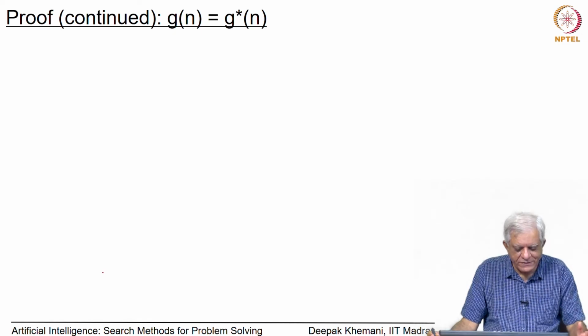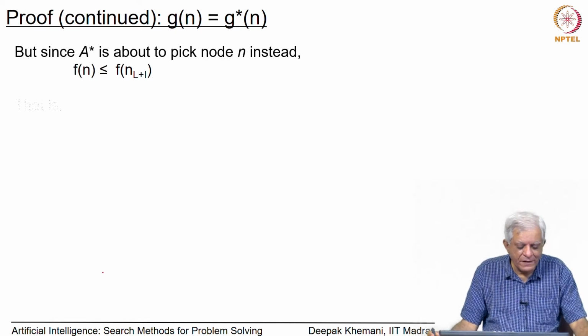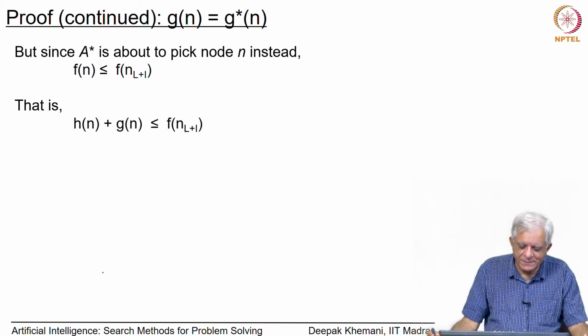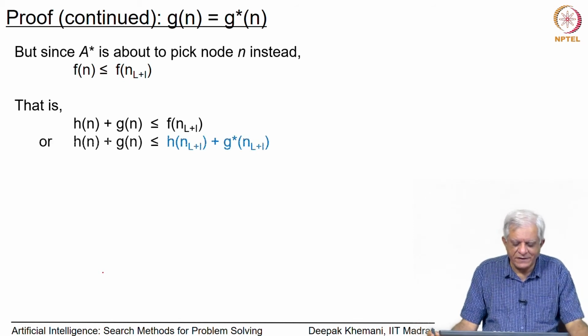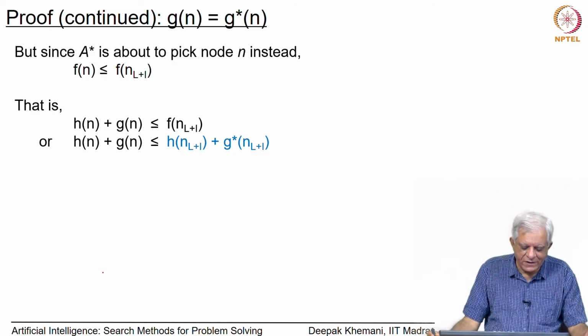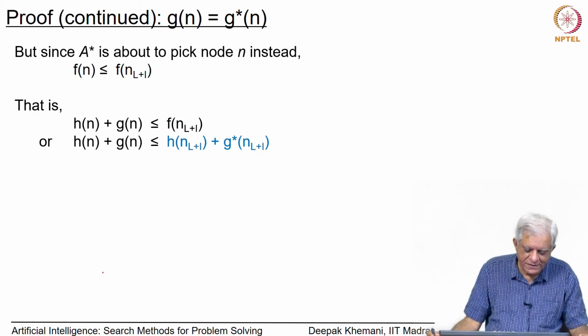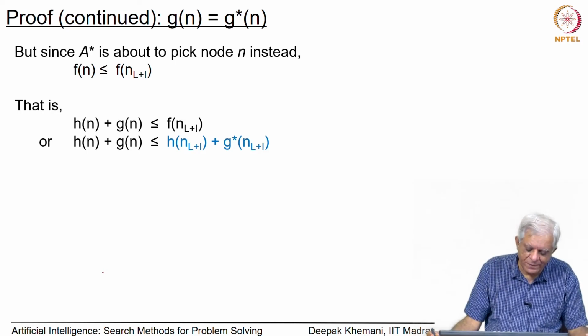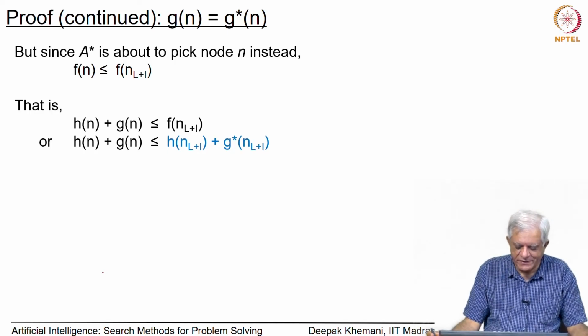But because A star is not picking that node, it must be true that the node that it is picking, which is n, must have the less than or equal value of f value essentially, which we can now again rewrite by saying that h of n plus g of n is less than or equal to the f value for the last plus 1 node, and we already know that the f value for the last plus 1 node, because it is on the optimal path, is the h value plus the g star value for that node essentially.